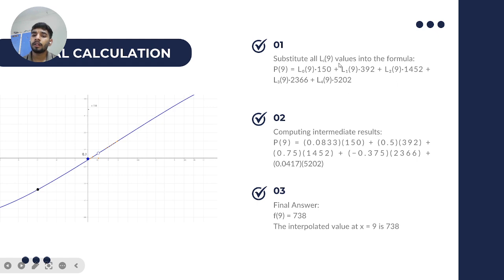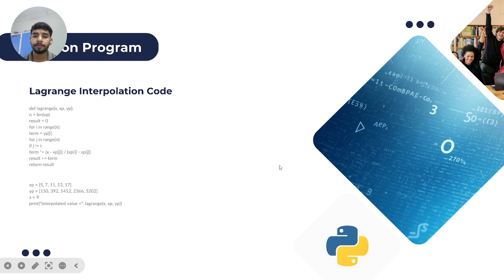Now compute and solve these, putting in the values of L_0 and all the Lagrange values. So here the final equation comes, and by computing all this, we get the final answer where f of 9 equals 738. The interpolated value at x equals 9 is 738.